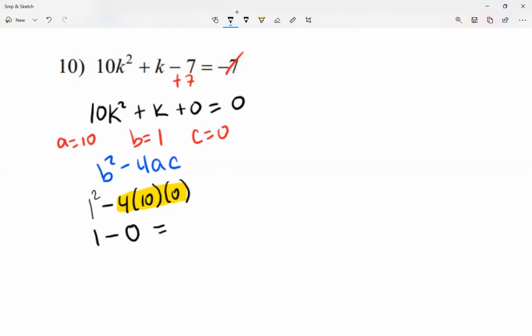So if I ask you, what's the discriminant? I will say 1, right? Because 1 minus 0 gave me 1. My discriminant is 1. If I asked you the number and type of solutions, because my discriminant is positive, my answer will be 2 real solutions.